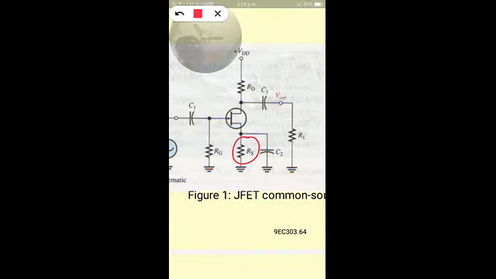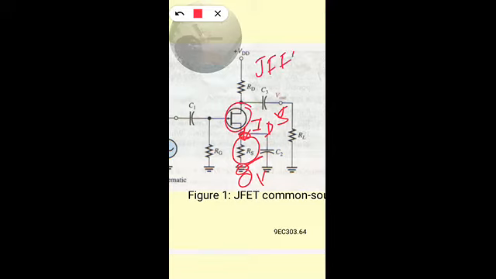Actually it is 0 initially. So when the JFET is on, we have an ID, and when it flows through RS, it produces a voltage, and the voltage at the source terminal increases above the 0 level.